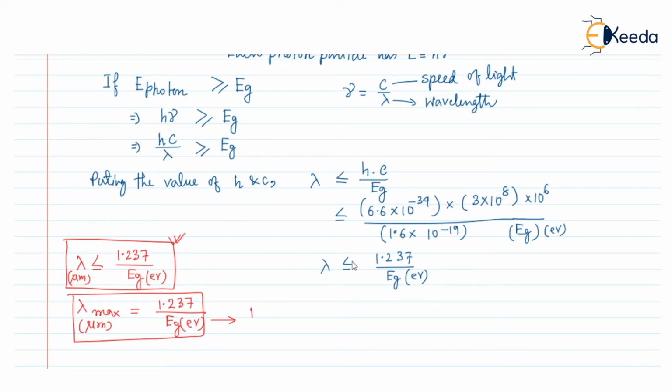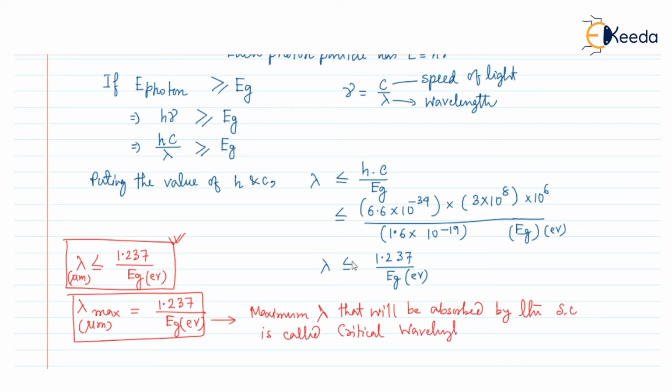So we can say the maximum wavelength lambda that will be absorbed by the semiconductor is called the critical wavelength. This is a very important parameter of the semiconductor.